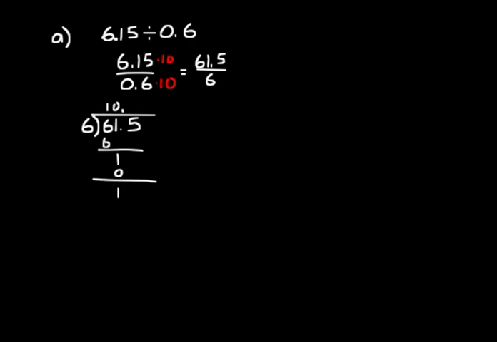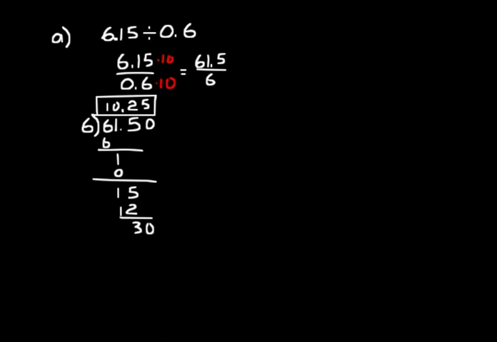And so we'd subtract and get 1. Now I can bring down the 5. I brought it down a little too early there. 6 goes into 15 2 times. We get a 3 there. Now bring down a 0. 6 goes into 30 exactly 5 times, and there's our answer.